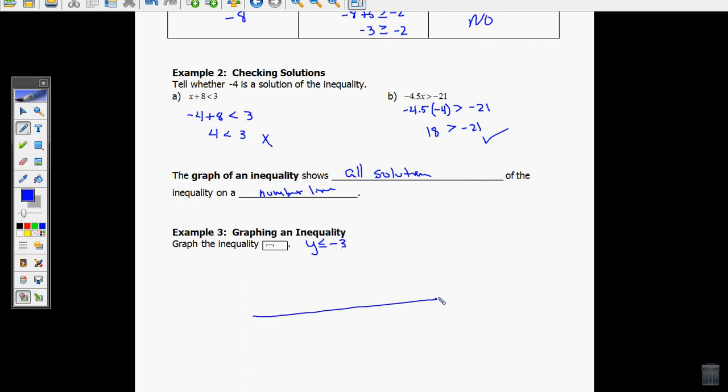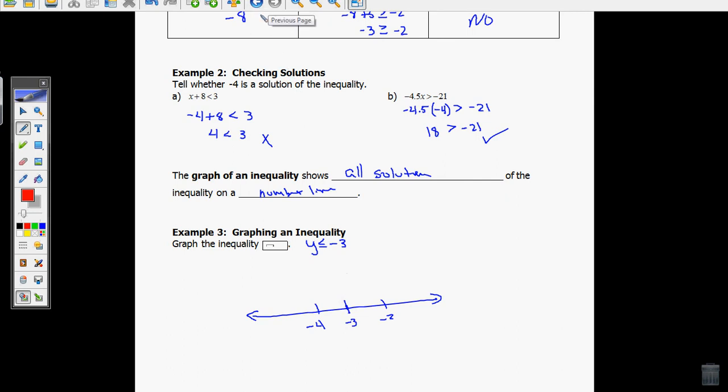So what I need, obviously, is a number line. And what I'm going to do is kind of center the point that I'm looking at, negative 3. I'm going to choose a value to the left of it, negative 4, let's say. Choose a value to the right of it, negative 2. Just so that I can kind of figure out exactly where I am on this number line and get my bearings left and right.